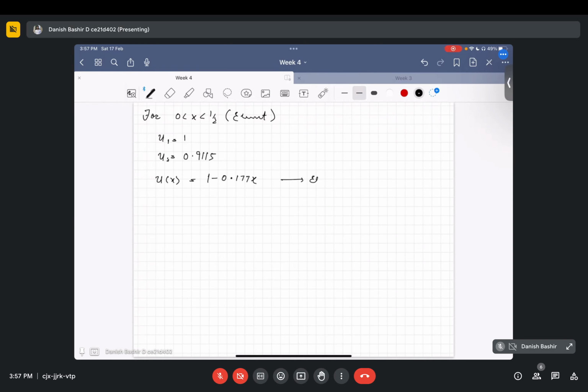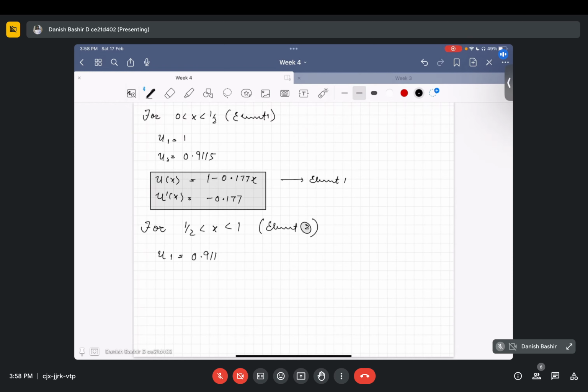Remember, this is for element 1, and its derivative u dash of x will be equal to minus 0.177. This is for the first element. If I carry out the same operation for the second element, its domain is 1 by 2 less than x less than 1. So for that, u of 1 is equal to 0.9115.